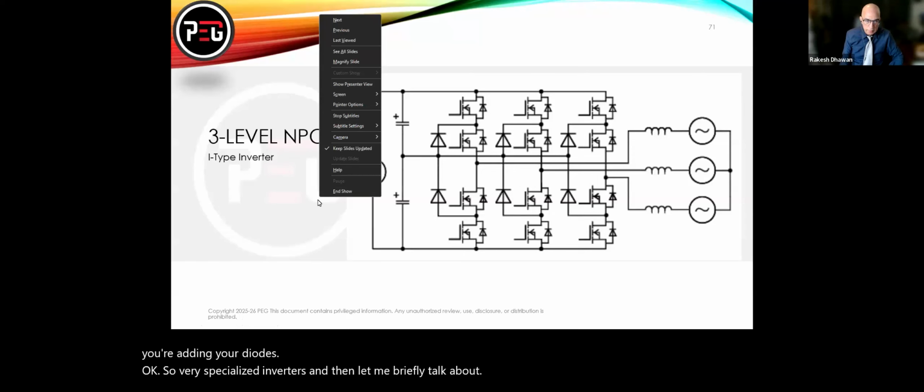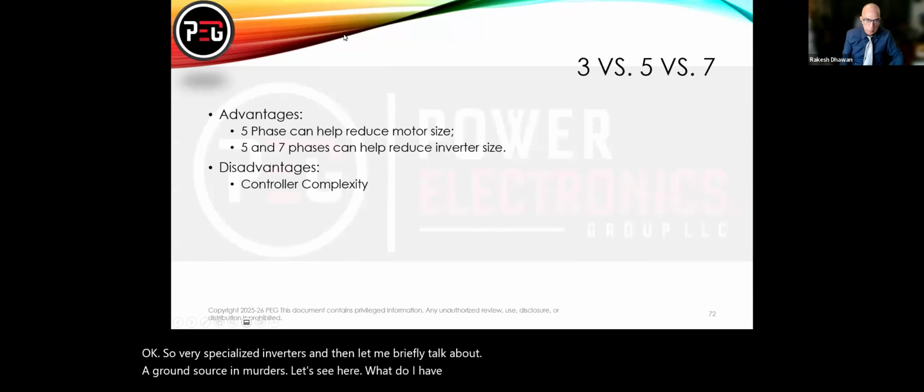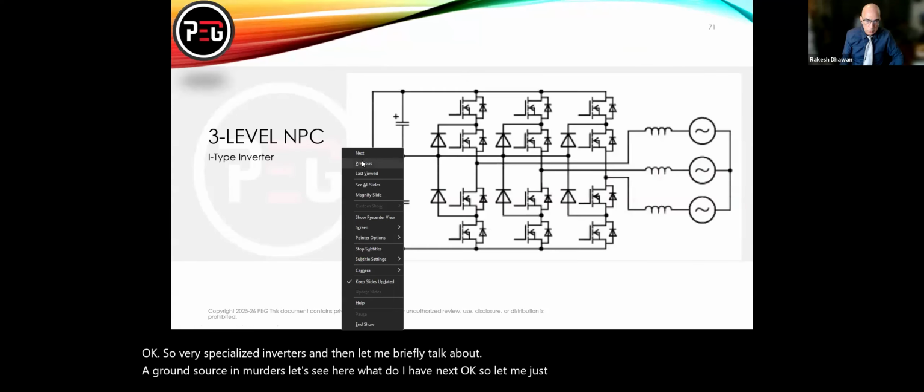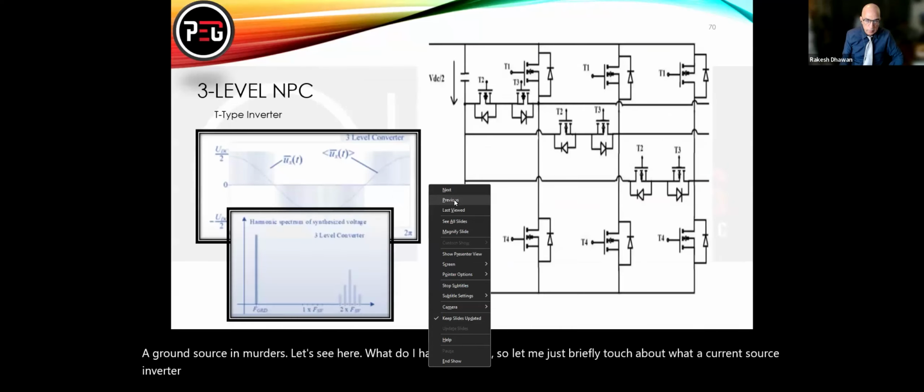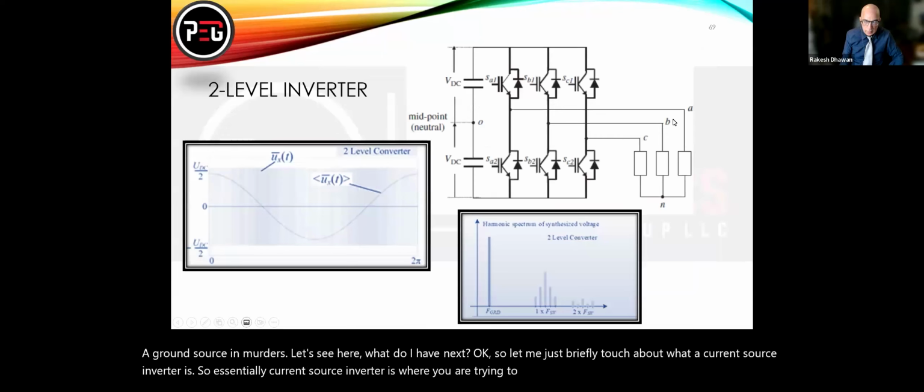Let me just briefly touch on what a current source inverter is. Essentially, a current source inverter is where you are trying to provide controlled current to the load. So you put an inductor here.